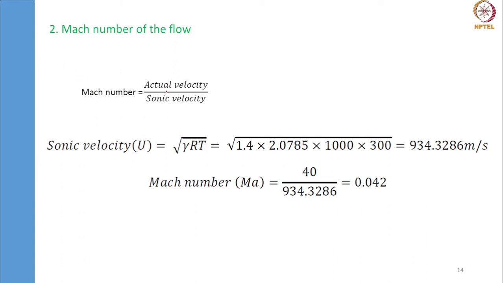The Mach number of flow is defined as the actual velocity to the sonic velocity. So the sonic velocity is got by root gamma RT. Once you plug in the values of gamma, R and T, we'll get that to be 934.32 meters per second.